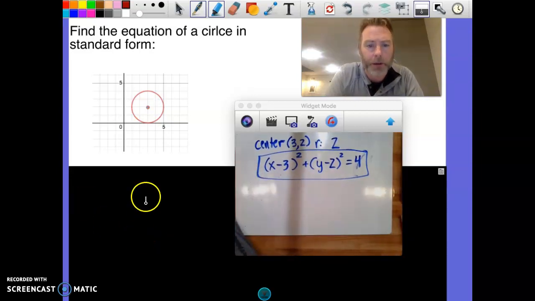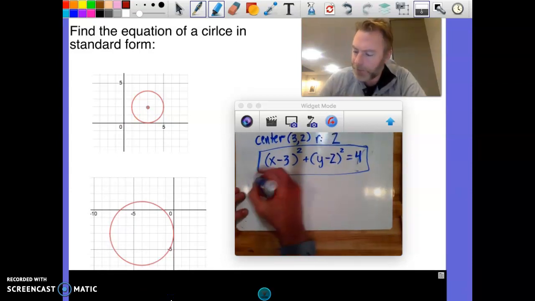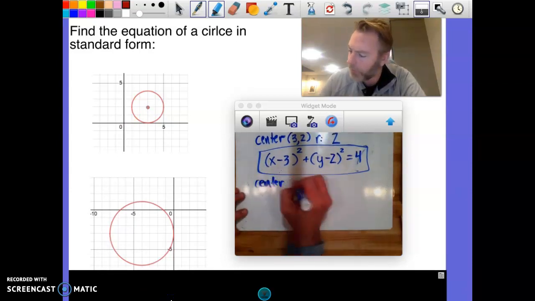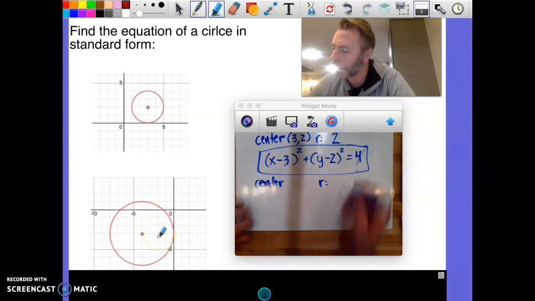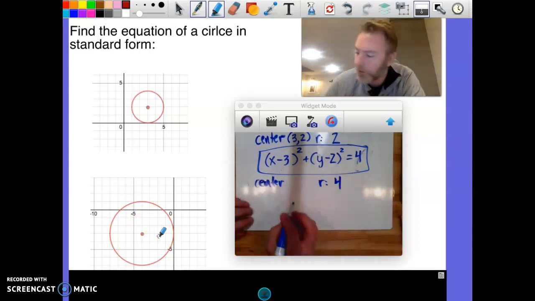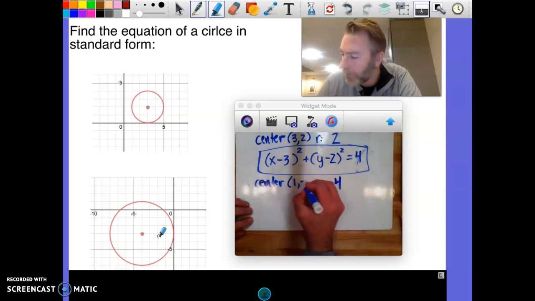All right, one more here and we'll all be done for the day. We'll do this one down here. We're going to come up with those pieces, center and radius. Our center is right here. That radius looks like it's 1, 2, 3, 4. 4 units in any direction. So our radius is 4. Our center is 1, comma, 1, 2, 3, minus 3.